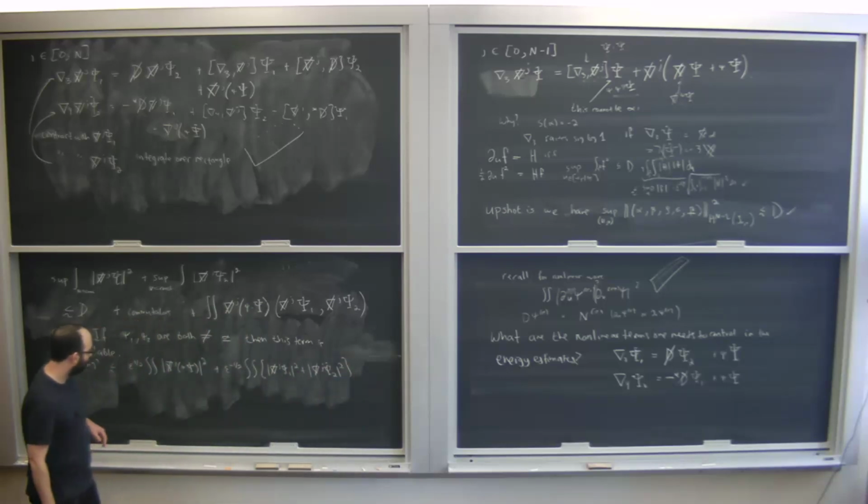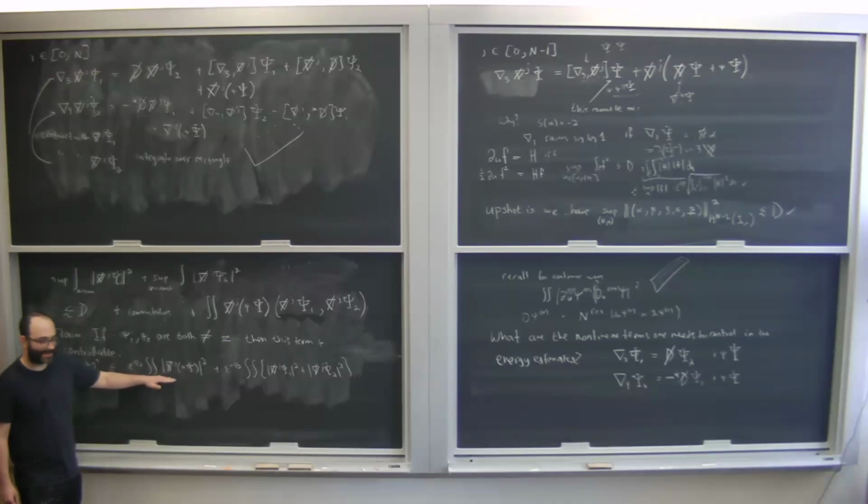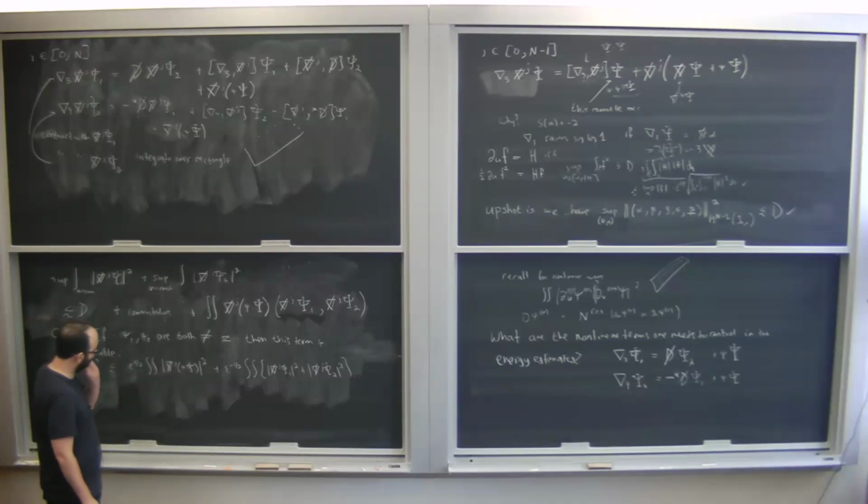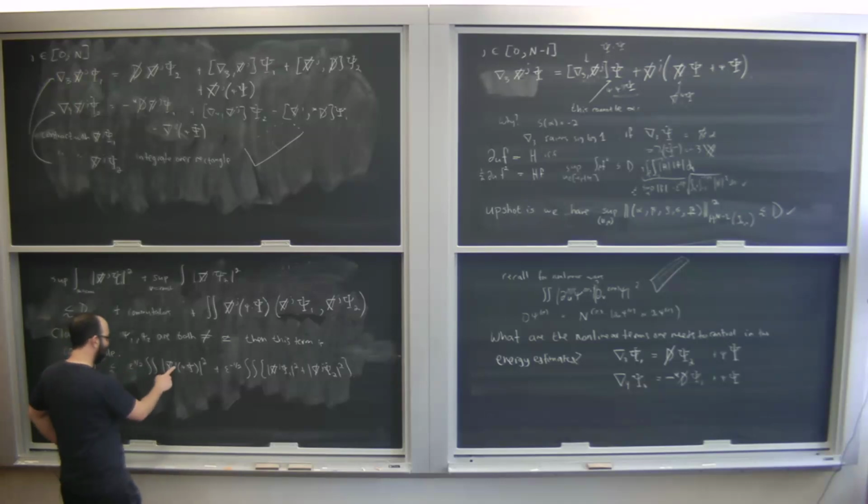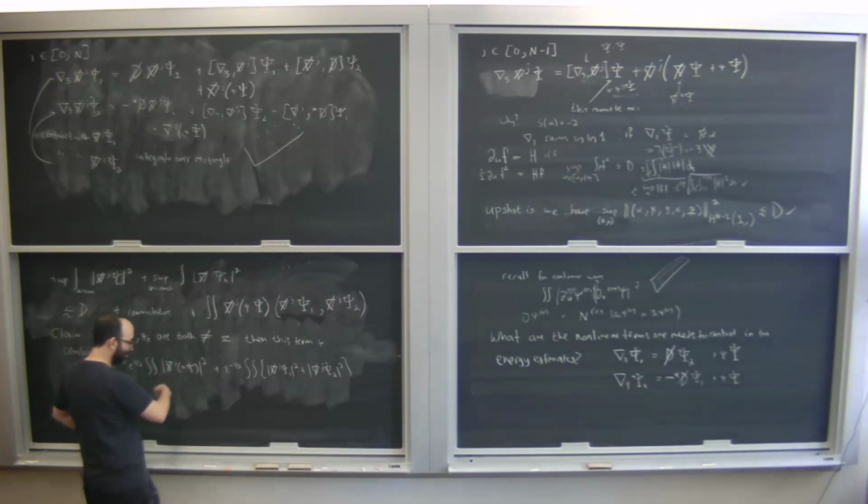This one will just be fine, because why? There are all sorts of ways to see it, but this j can be at most n, right? And you just play the game, right?